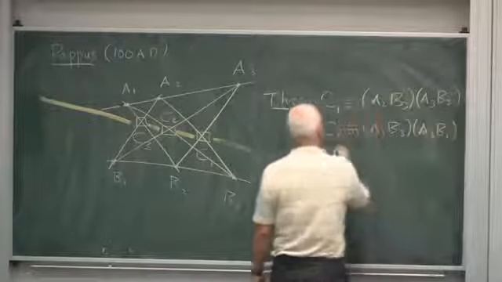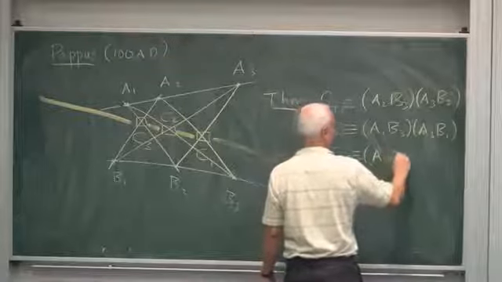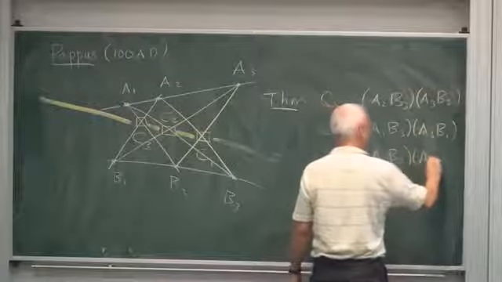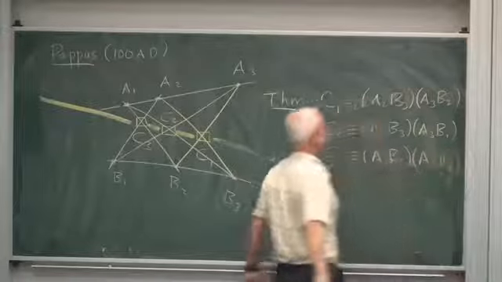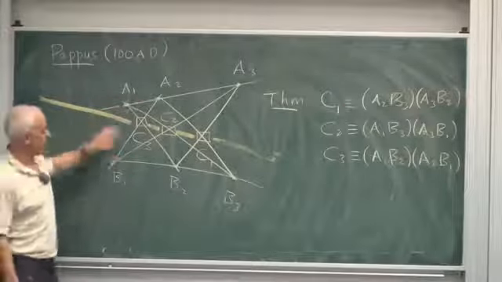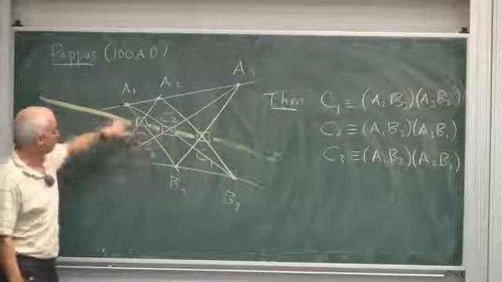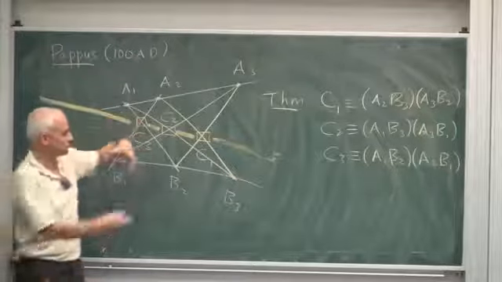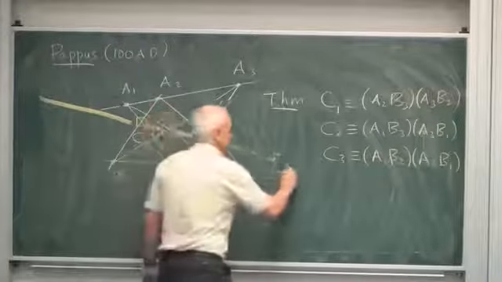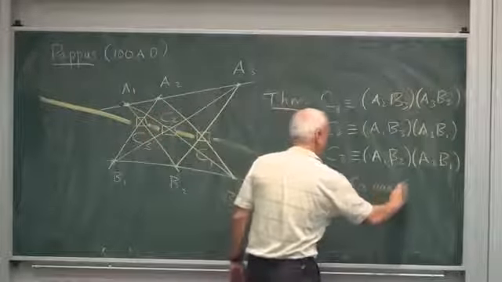Where those meet, C3 is, say, A1, B2, A2, B1. This is my terminology for a line. So this is the line A2, B1. And the meet of these two lines, or their intersection, I just get by putting them together. Then the theorem is that C1, C2, C3 are collinear.